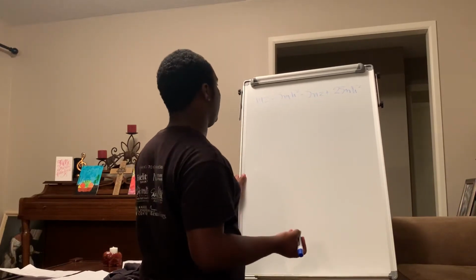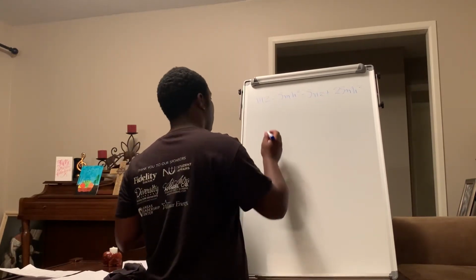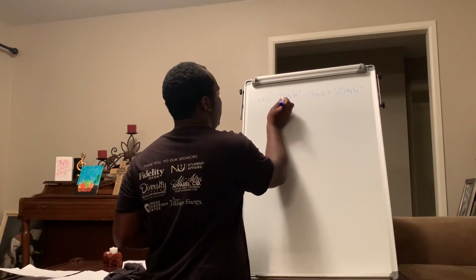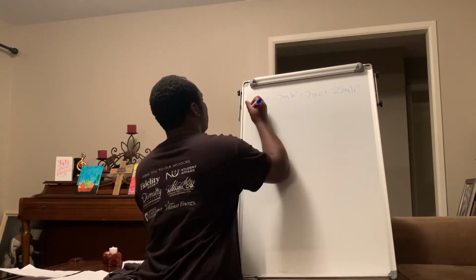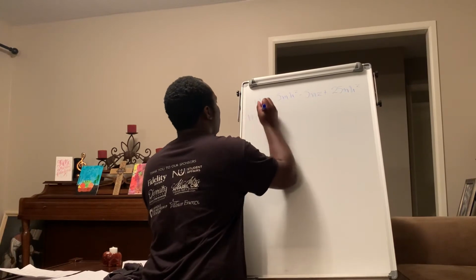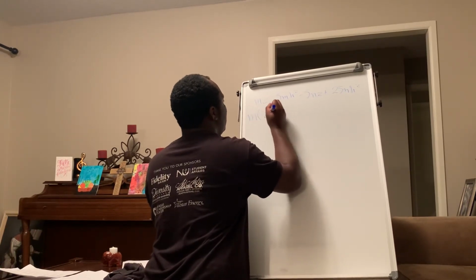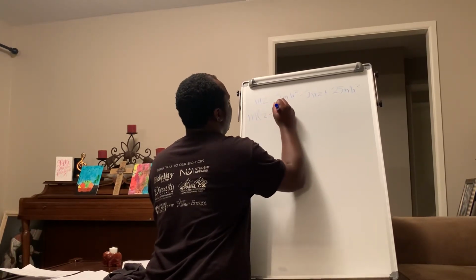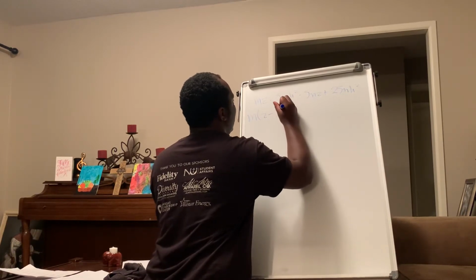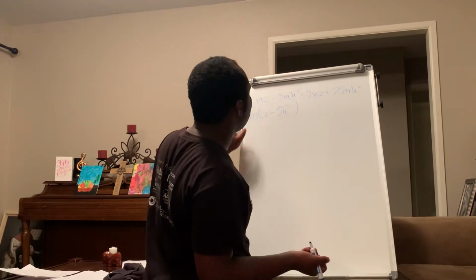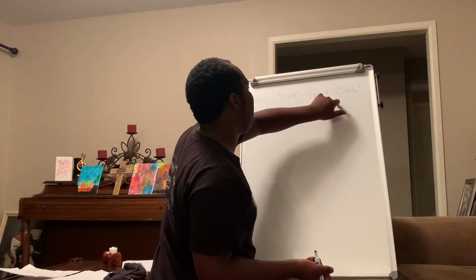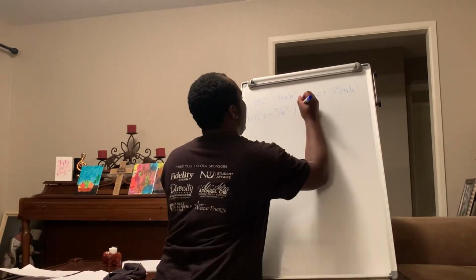Okay, so let's dissect this. Between these two, the only thing that they have in common is the letter M. And that's all we're going to write out. So we have M, and then we have Z minus 5H squared. And between these two, all we have in common is negative 5N. So minus 5N.